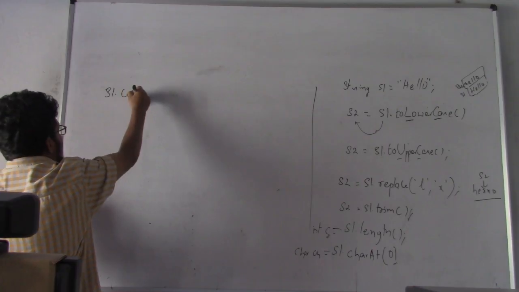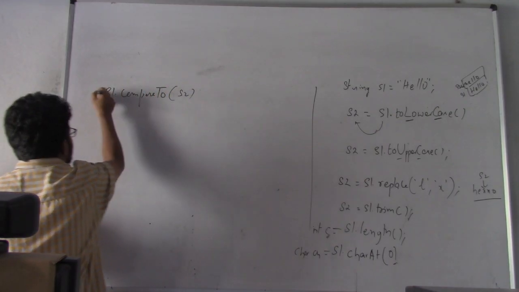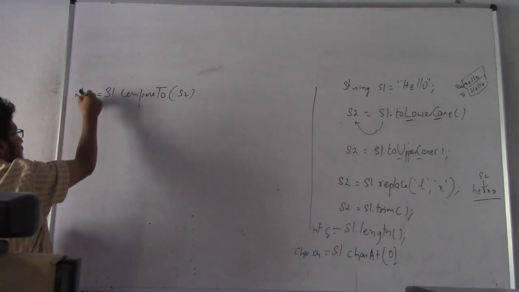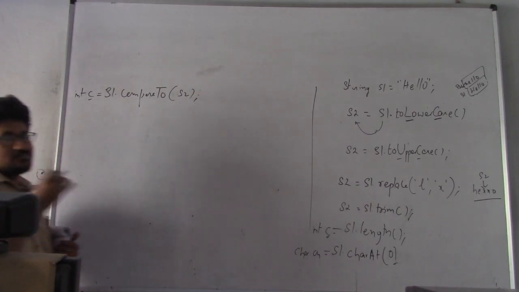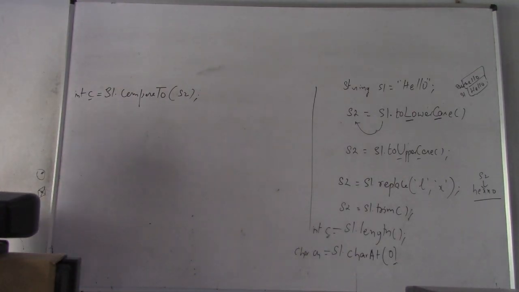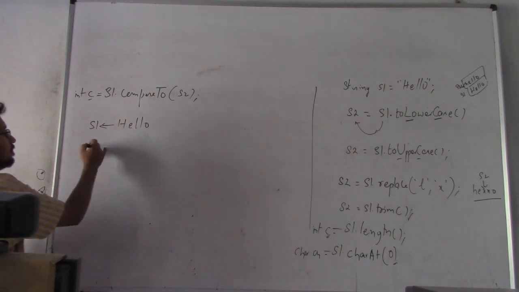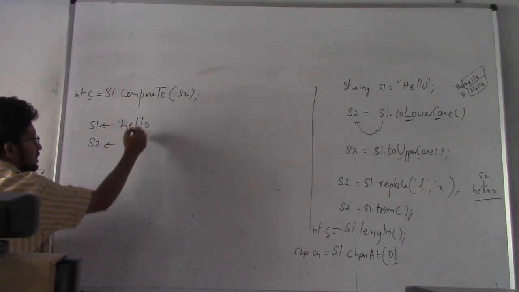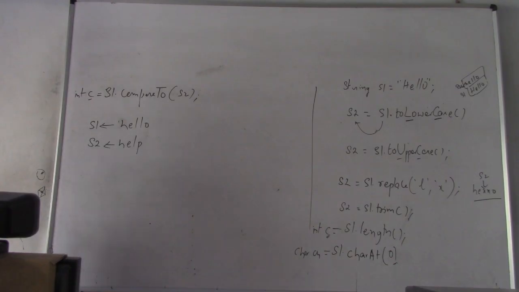Next, S1 dot compareTo of S2. It also returns an integer. Listen. Say S1 is hello, S2 is help.